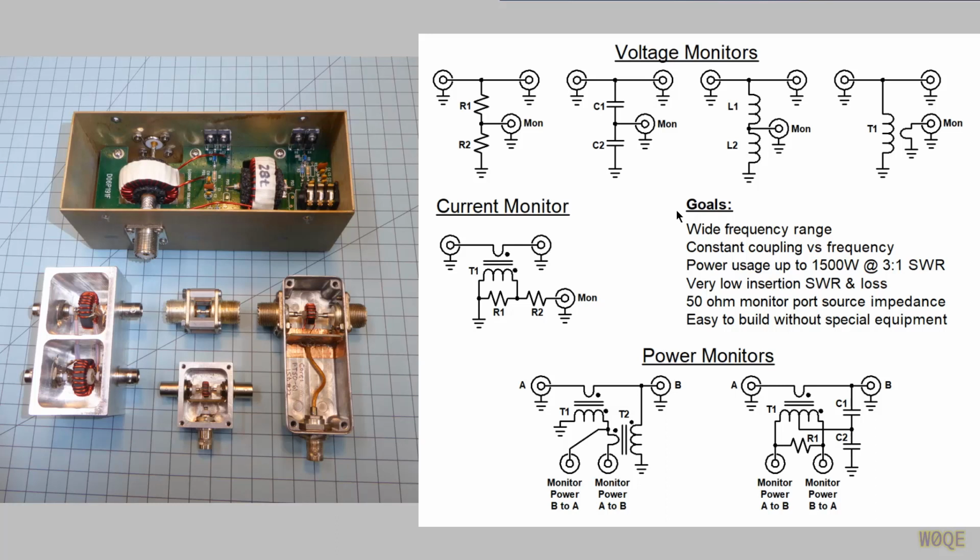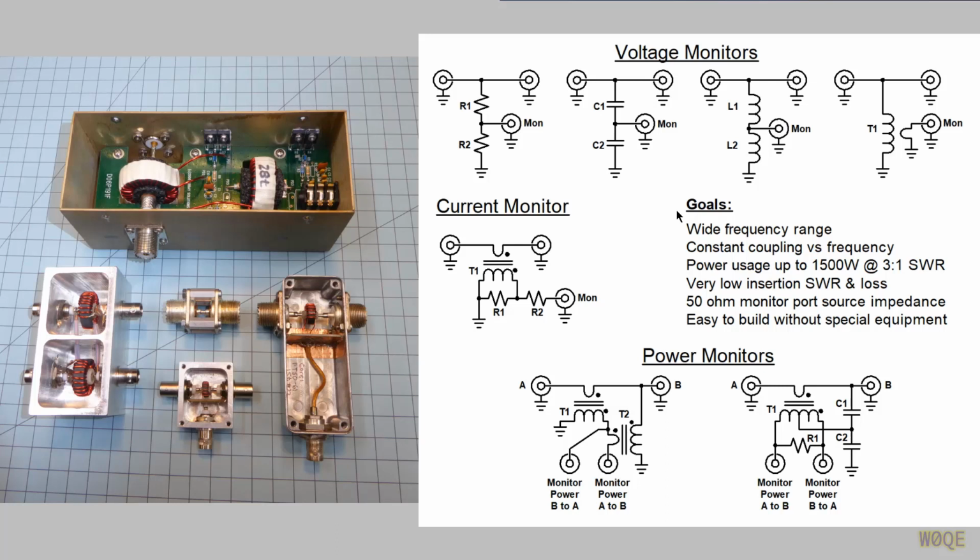The monitor port needs to be some number of dB or some percent of the signal that we're monitoring. And it'd be nice if that would be fixed with frequency. If it's not fixed with frequency, you can correct for it. But correcting for it is a constant annoyance. And it causes errors in the work we do. So consequently, it's nice to have that be constant.